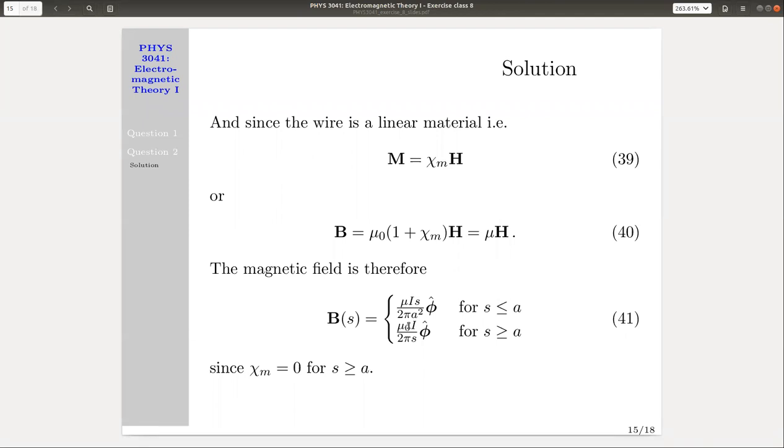That's why the mu here is mu naught instead of mu. So just don't forget about this, and you should not go too fast by applying mu to all the solutions.